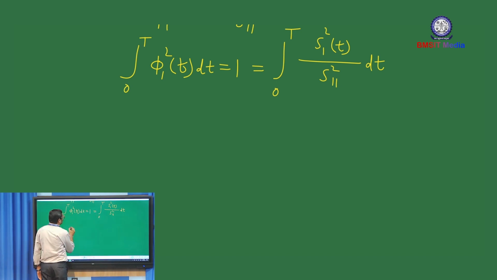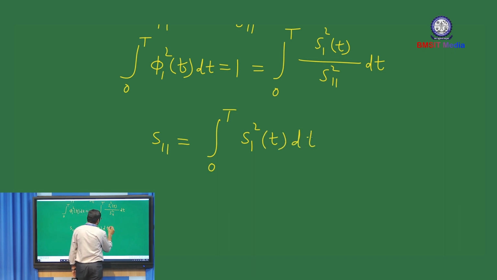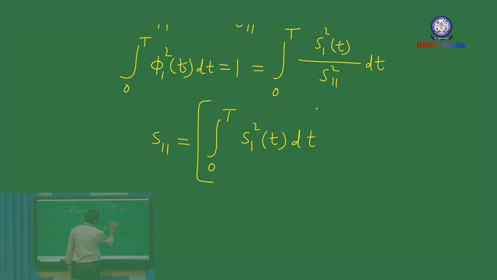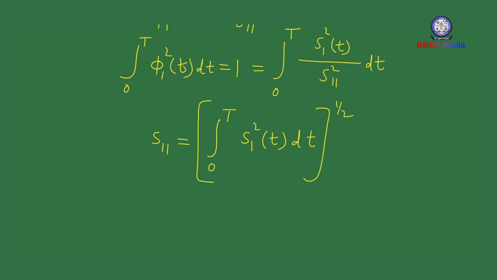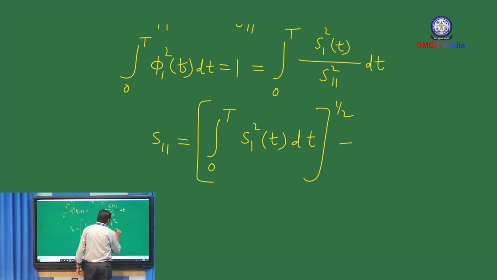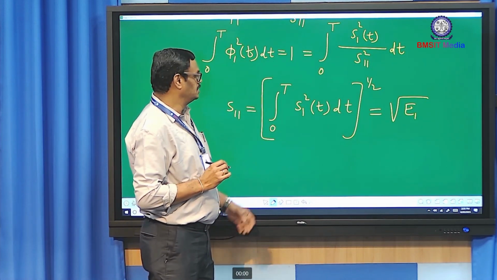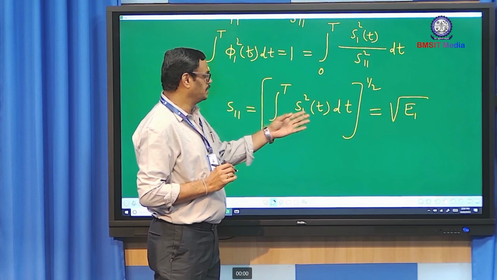So s11 is equal to square root of integral 0 to T s1 square of t into dt. Integral 0 to T s1 square of t into dt is nothing but the energy of the signal s1 of t. So I can write this as square root of E1, where E1 is the energy of the signal s1 of t, which is nothing but integral 0 to T s1 square of t into dt.